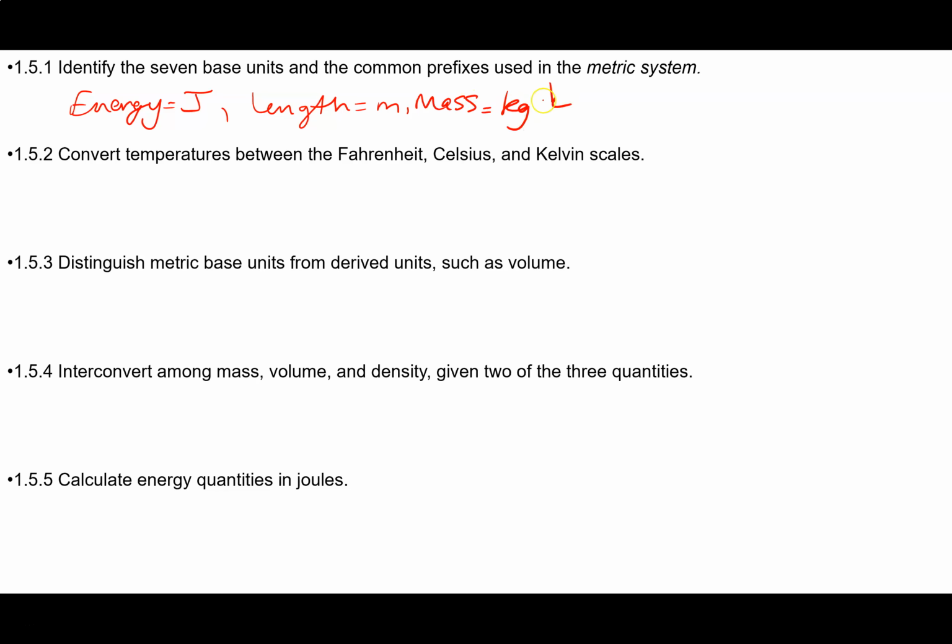For temperature, it's the Kelvin, and down here we're going to talk about the fact that if we want to convert to Kelvin, we're going to use the delta C. So Celsius plus 273.15 equals Kelvin.